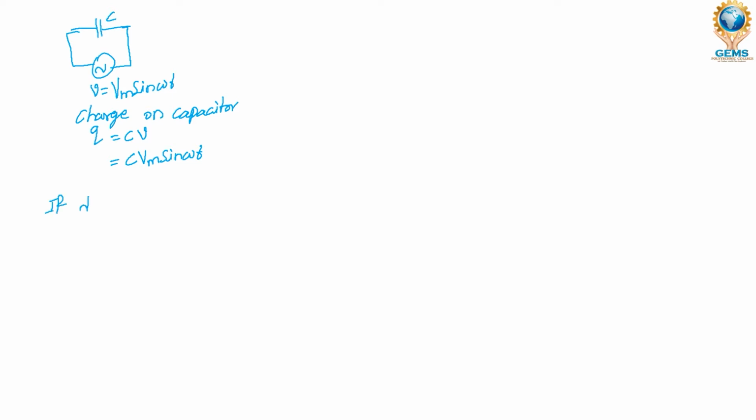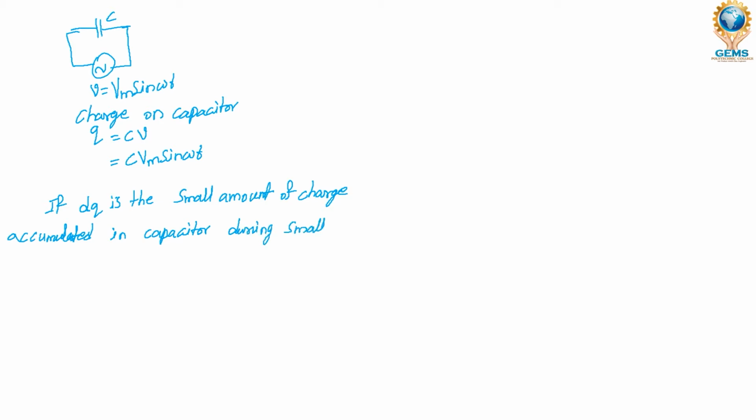Okay, from this, suppose dq is the small amount of charge accumulated in capacitor during small time dt, at instantaneous current at instant when current is high.